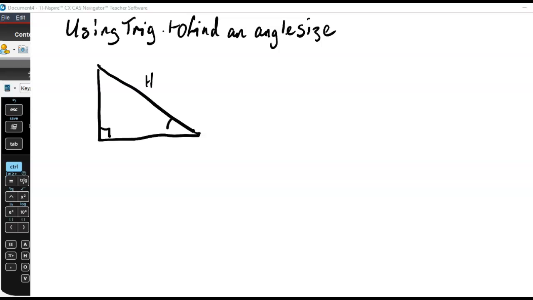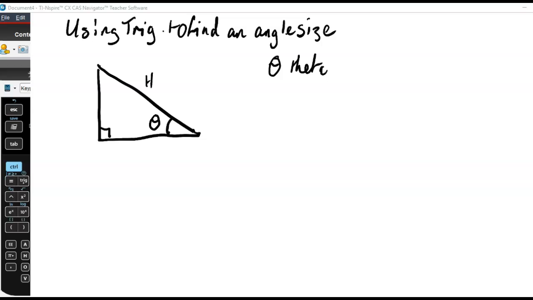So if that's the angle of interest, that's the angle I'm looking for, and that is theta. That's usually what we use for an unknown angle. So theta is our unknown angle, and we're interested in it.